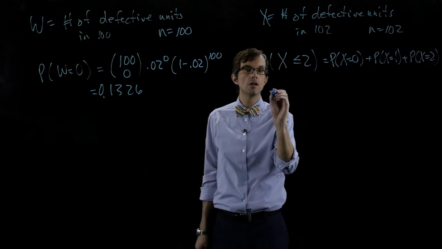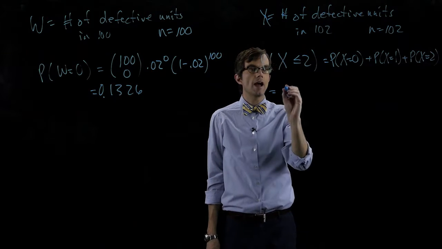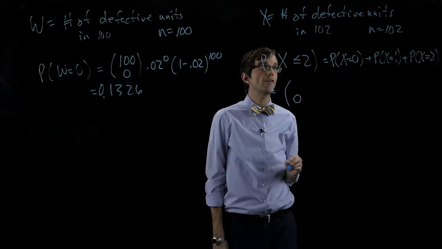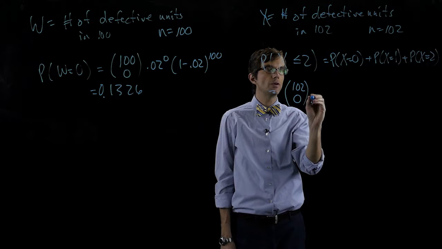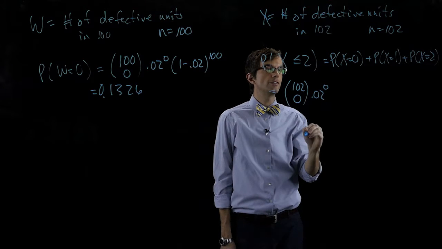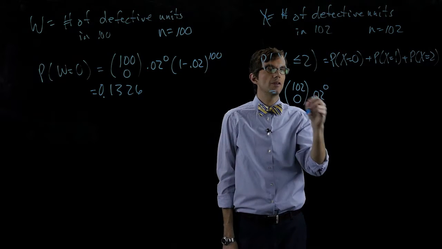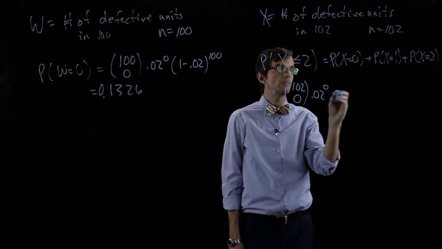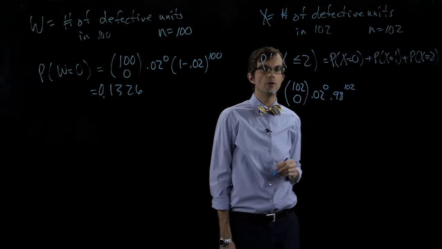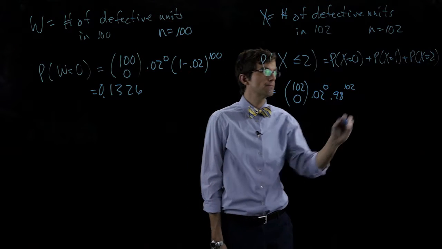Okay? So here we're going to pick out 0 defective units from 102. The probability of a defective unit is 0.02 raised to the 0. The probability of a non-defective unit, 1 minus that, 0.98, raised to the 102 minus 0. Okay?